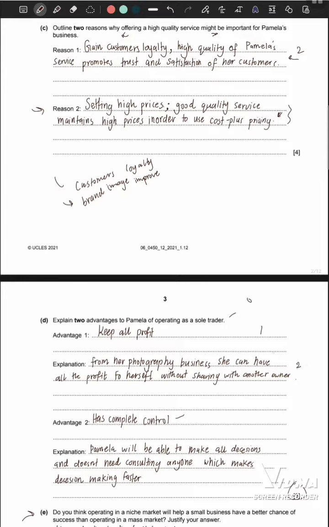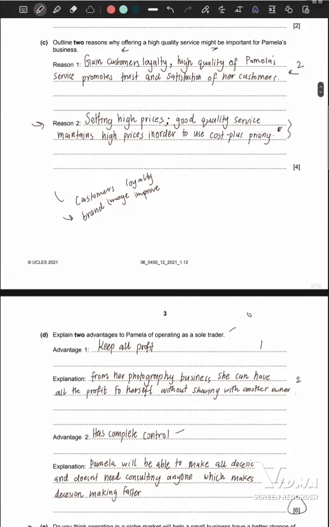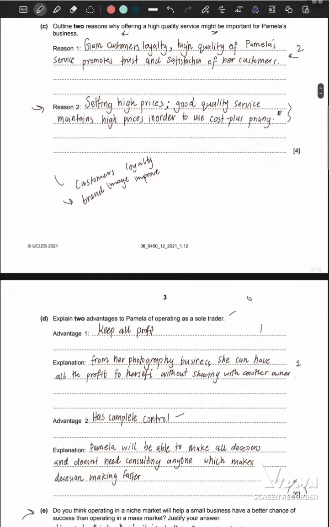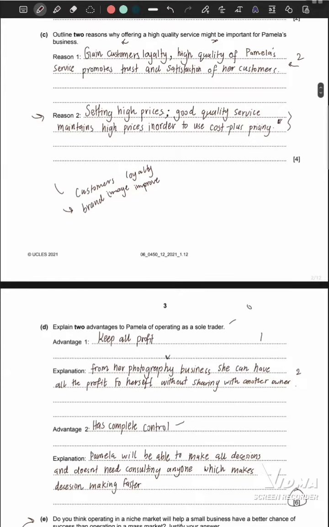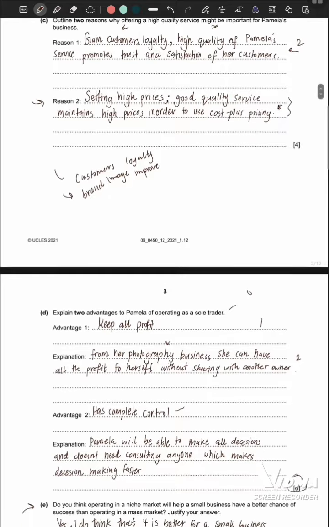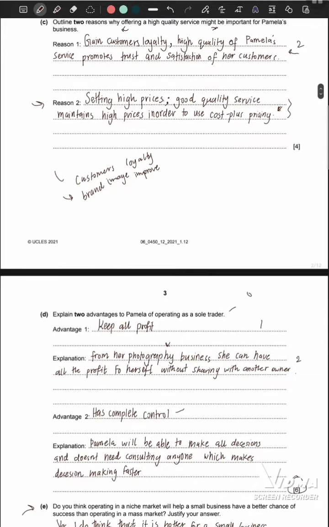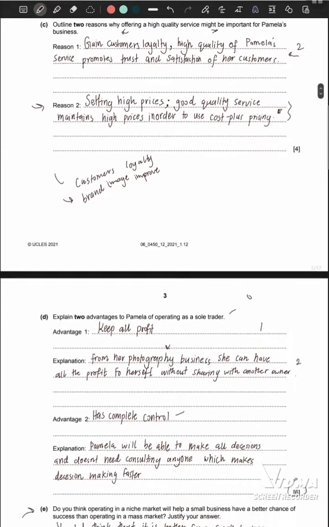It's helpful to mention things from her business, like she's a sole trader, the business name or the person's name, like Pamela we used here, or what she does. Here we used photography business. These things show you, the examiner, that you understand what's going on. Well, not really extra marks, but it will secure you the right marks.